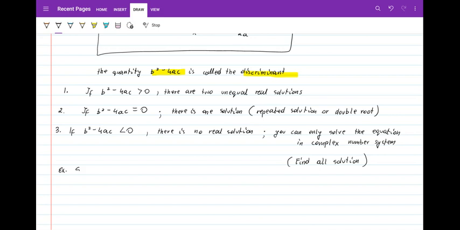So, solving quadratic equations with the quadratic formula.